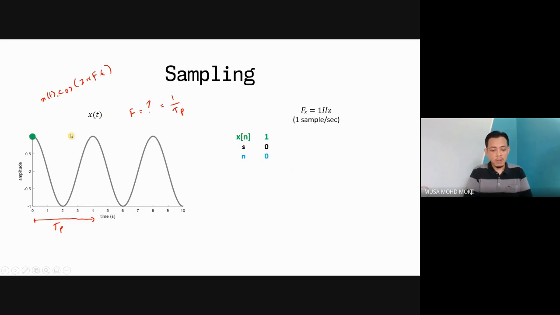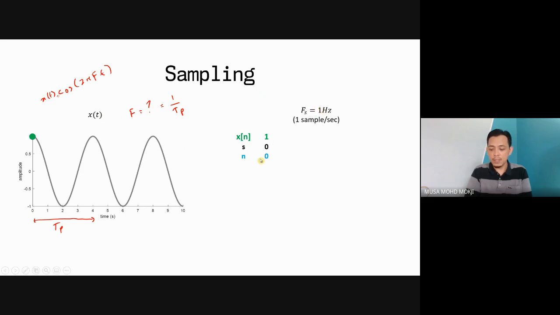So the first value is at 0 seconds. The s is seconds, and n is the sample, because sampling is taking samples. So what is the first sample?